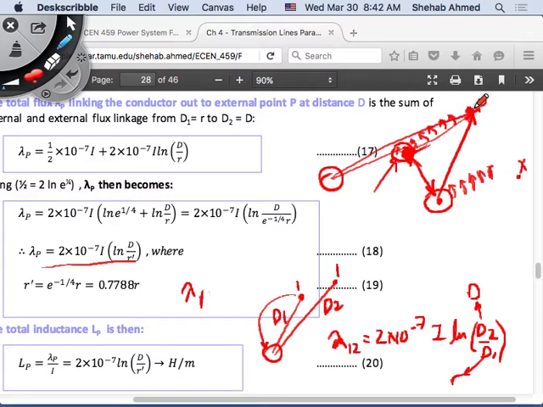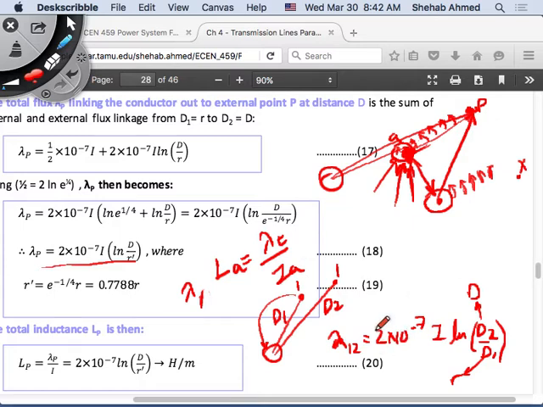Then I found the effect of all of these conductors on the flux linking this one original conductor. So that is the total flux linking that specific conductor. And then after that, if I want to find its inductance, assuming this is phase A, for example, I have lambda total divided by IA, the current that is carried by this conductor.